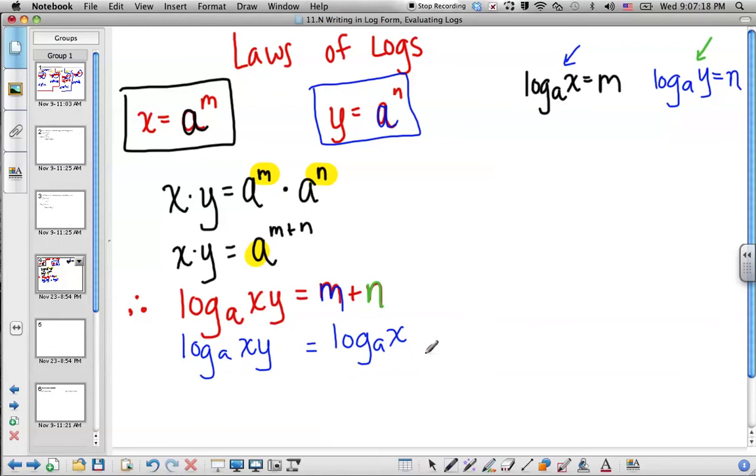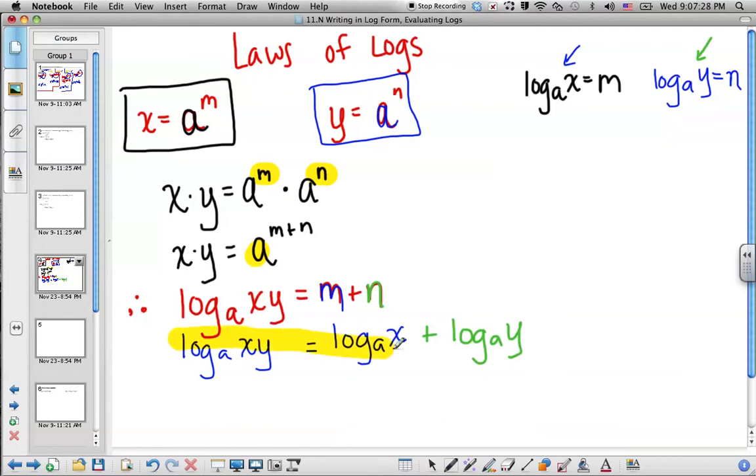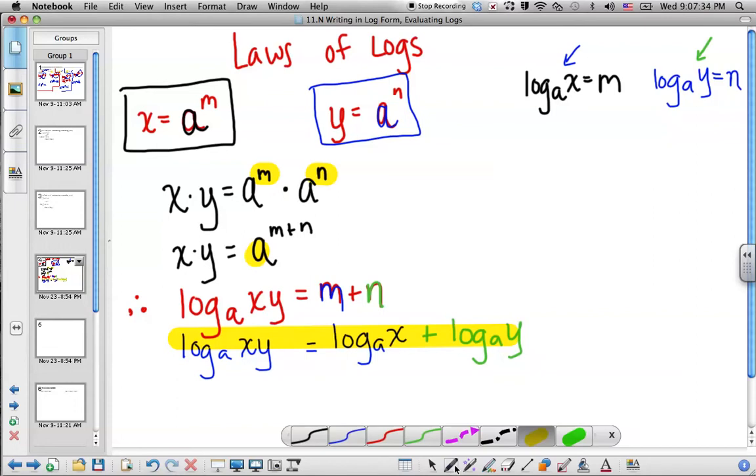And we know that n equals log base a of y. So now basically, this is your first law of logs. If you have the log base a of two numbers being multiplied, we can rewrite it as the log base a of x plus the log base a of y. And we'll do an example like that.